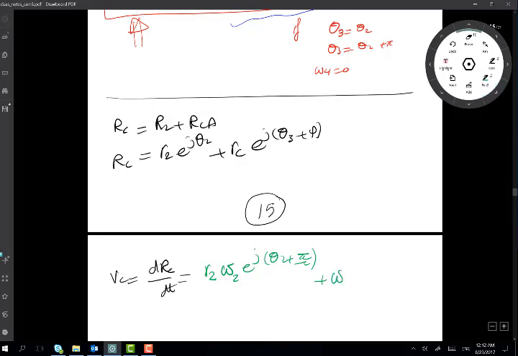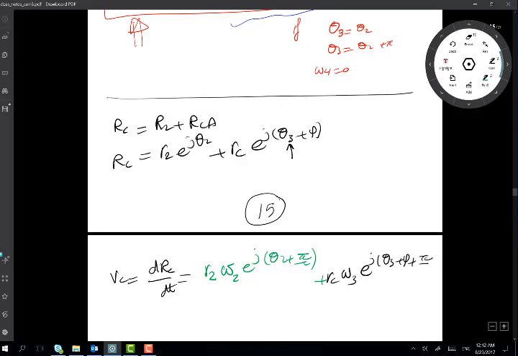will be R3, the RC, this will be RC omega 3, because this is the derivative of j times the angle above, which is really here above the e. That's d of this angle by dt, which is omega 3, and then I add 90 degrees to the angle, so theta 3 plus phi plus 90.